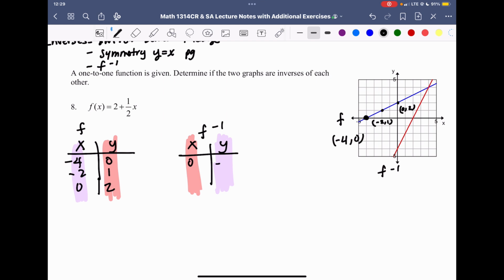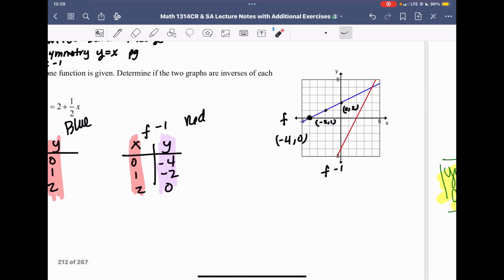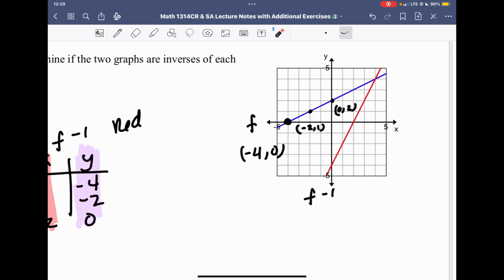So 0, -4, 1, -2, and 2, 0. We're going to look for those points. This is the blue graph. This is the red graph. We're going to look for those points on this line right here. Mark the inverse.